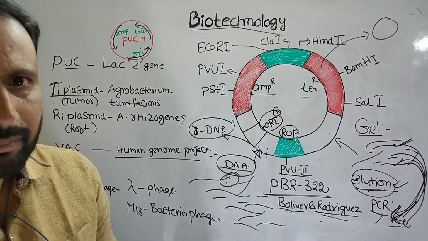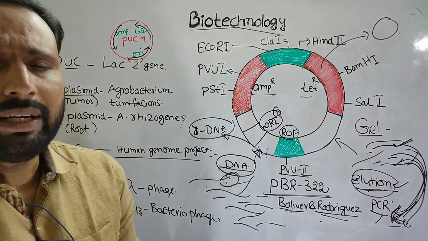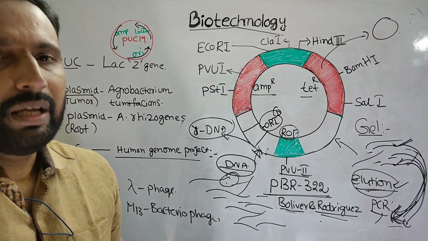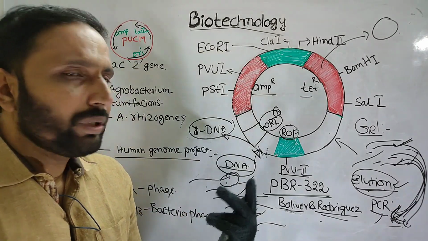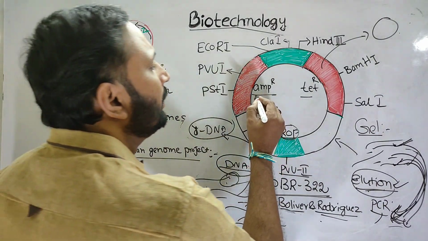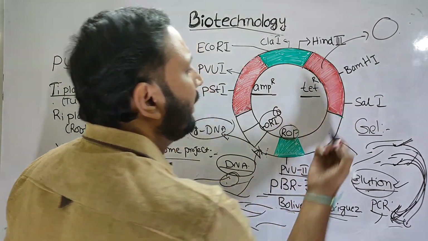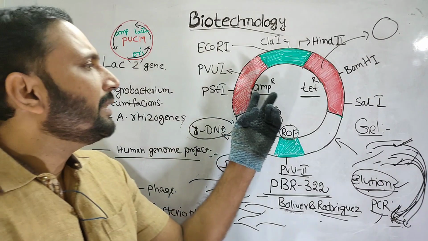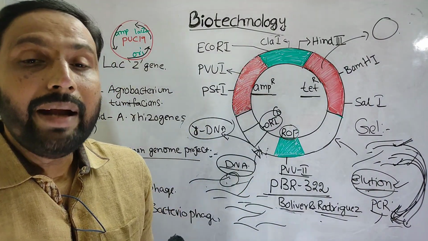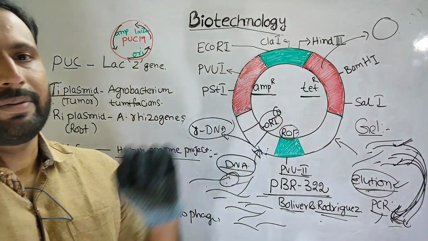And the vector should contain selectable markers. The markers may be of two types. For example, in pBR322 they are ampicillin and tetracycline, which are antibiotic resistance genes.